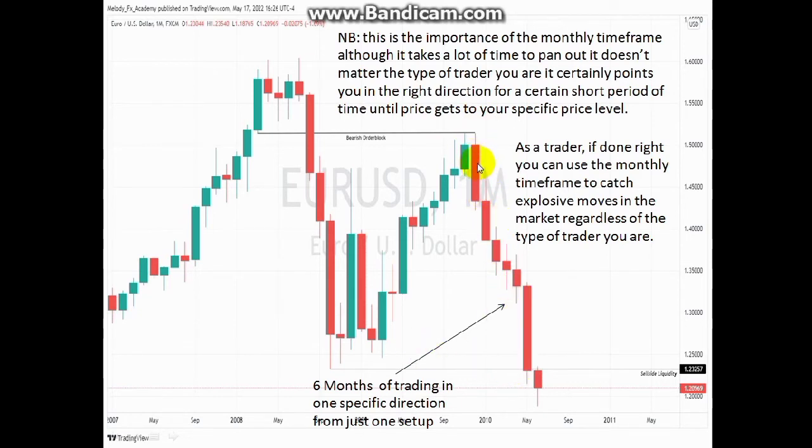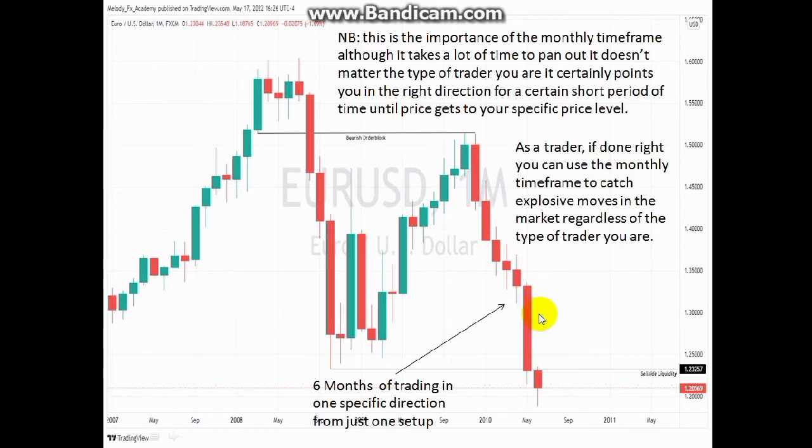This is not a 100, 200, 500 pips kind of move. This is more than 2000 to 3000 pips from this high to this low right here, if I'm not mistaken. So that is how important the monthly time frame is.